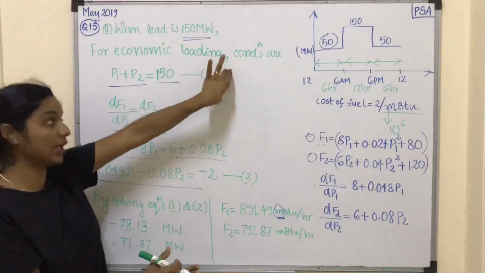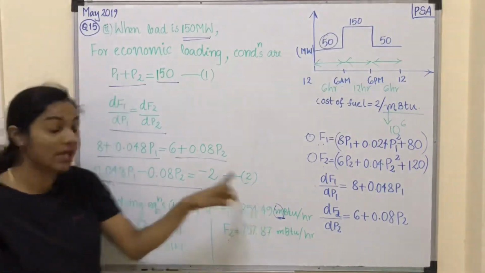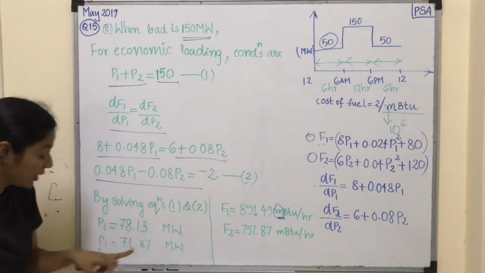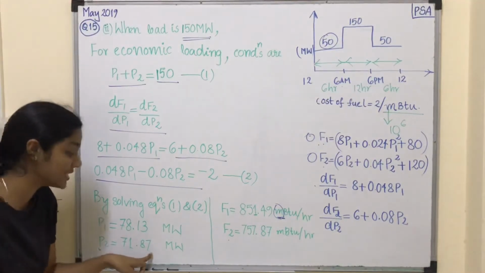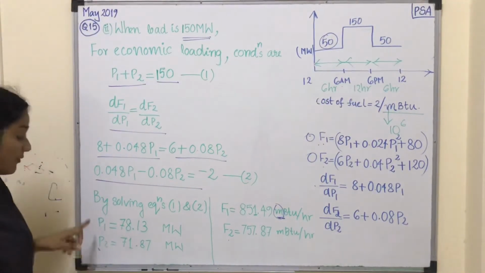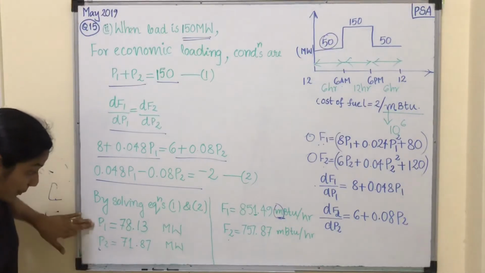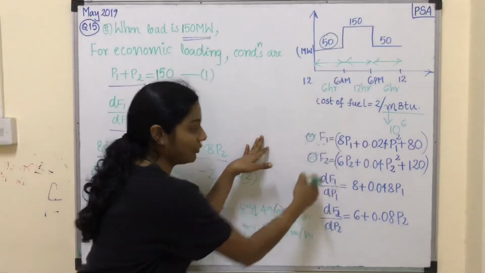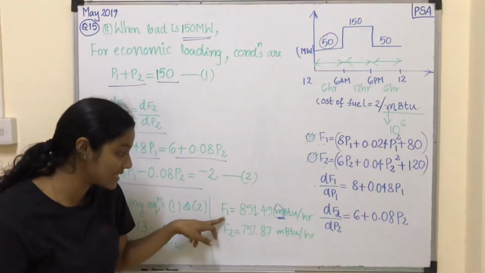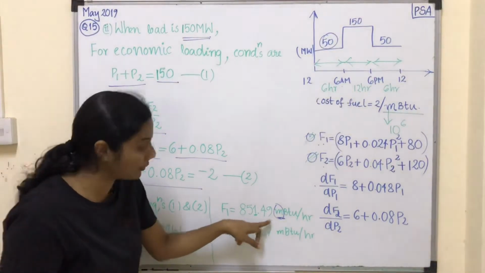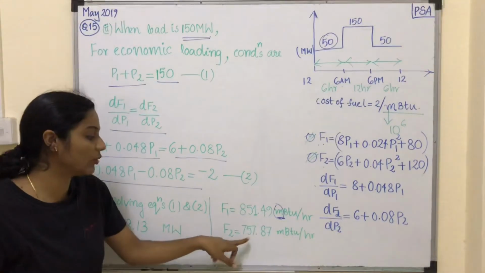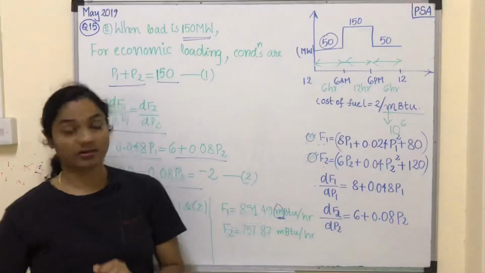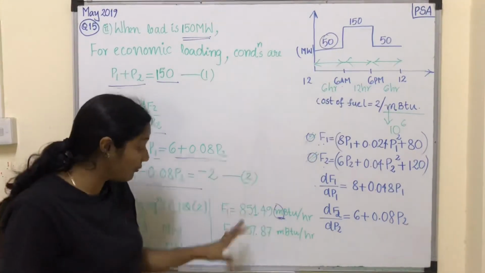And after solving equation number 1 and 2, the values for P1 and P2 will be 78.13 and 71.87 respectively. Same way, if I substitute the values for P1 and P2 in F1 and F2, we get the value as F1 is equal to 851.49 and F2 equal to 757.87 million BTU per hour. This is about our fuel inputs.